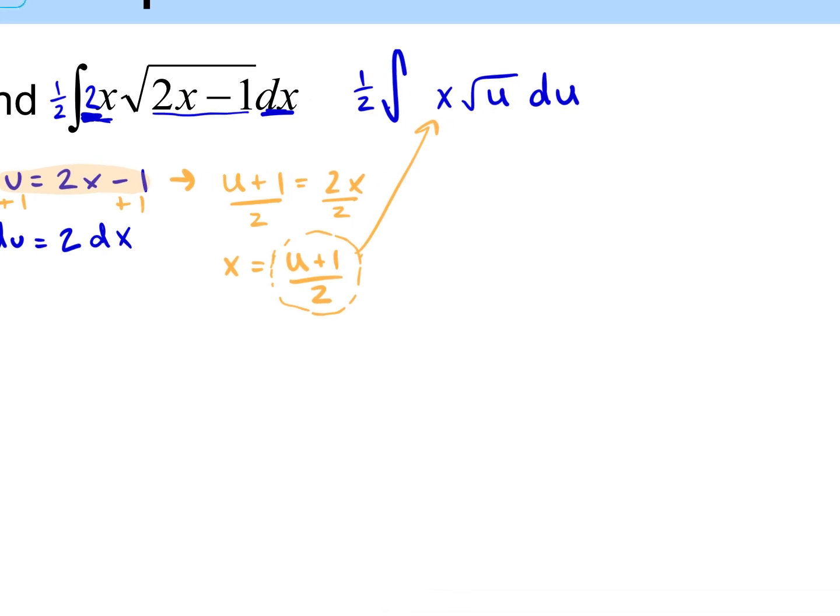So I have 1/2 on the outside of my integral. Now I'm going to plug in u plus 1 over 2 into the x, and then that's times the square root of u, which we don't really like writing when we're doing our antiderivatives or derivatives. We like it when it's an exponent, so I'm going to change it to u to the 1/2 power du.